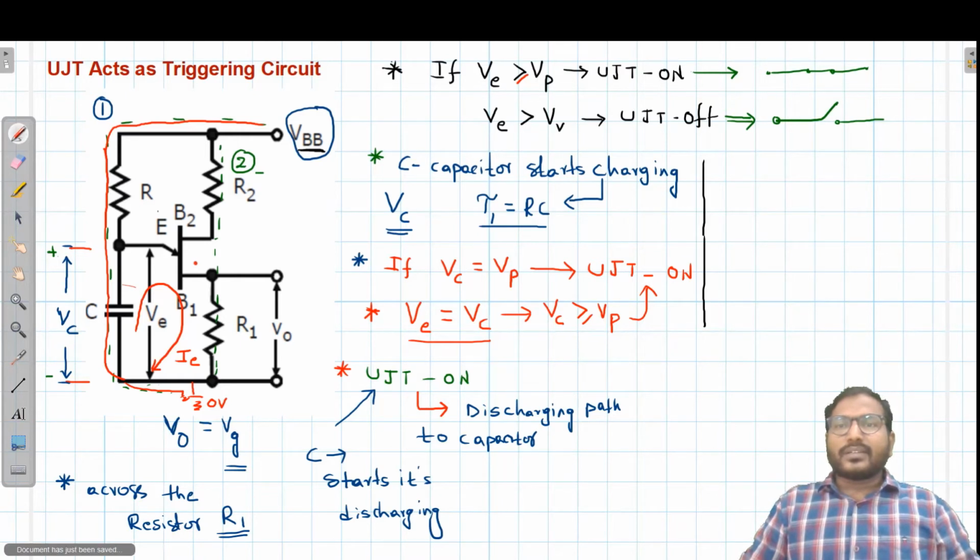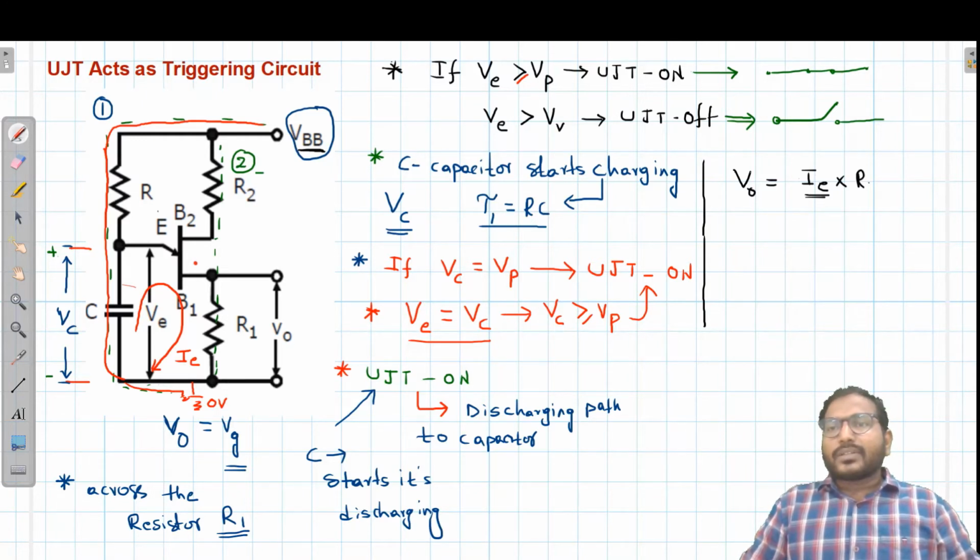This is the concept we can understand. V0 is equal to IE into R1, where IE is also called the discharging current or emitter current.